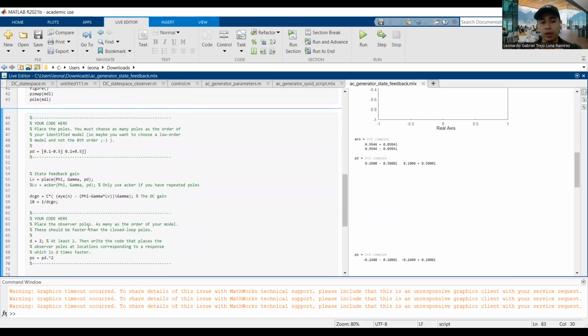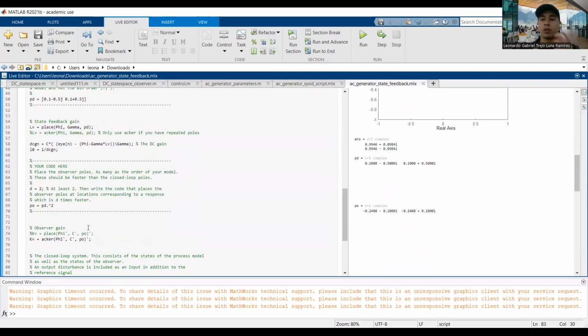And for the observer, you only need to take the poles of the state space feedback controller and multiply them by 2, squaring the poles, and you get the observer. Then you also use the acker or place function depending, and you get your observer.